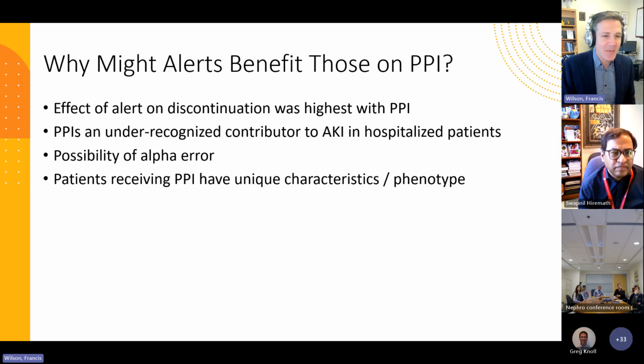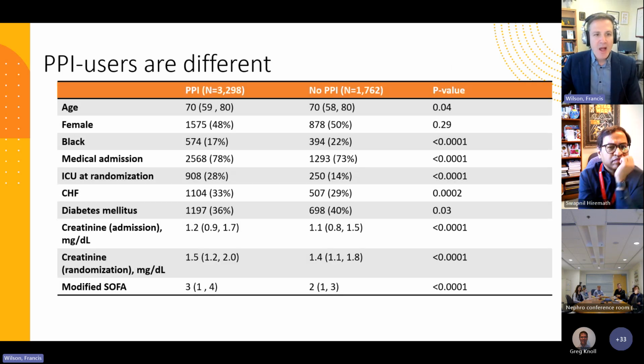So maybe this bears out that hypothesis. Of course, subgroup analysis, this could be alpha error. This could just be a false positive. It should be replicated. I have a grant under review that might just do that, but we'll see. But of course, also, let's remember that patients receiving PPI are different than patients who don't receive PPIs, and I'll sort of show you that here.